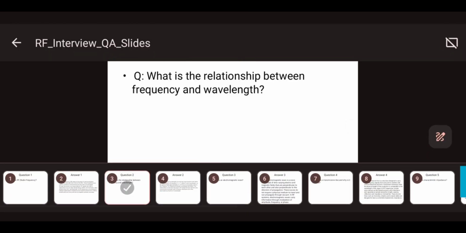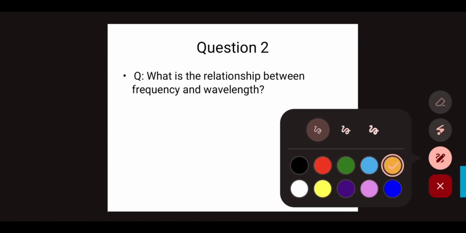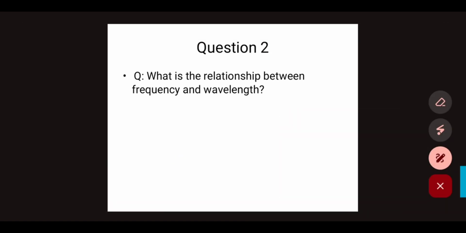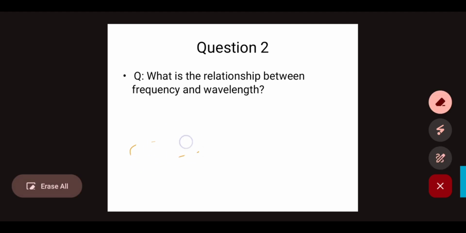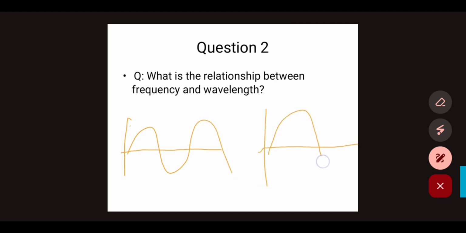So question 2 is, what is the relationship between frequency and wavelength? You see, this is a sine wave, and this is another sine wave.